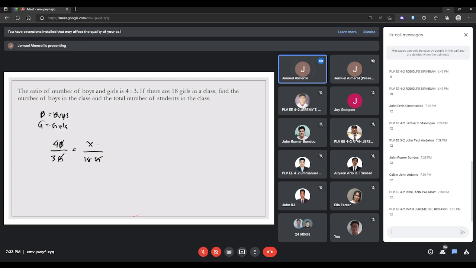Actually, B is what we leave, because we will get the boys. Okay. So we cancel this. It becomes 6 is x is equal to 24. If the boys are 24, how many are the girls? 18. Right. That's it already. So the total is 24 plus 18. So we got 42.